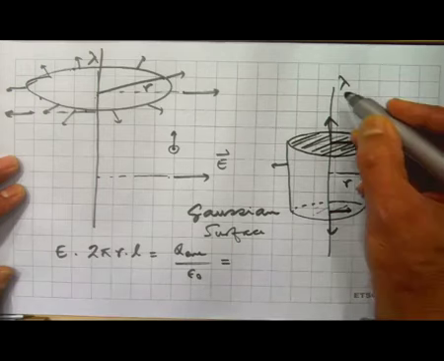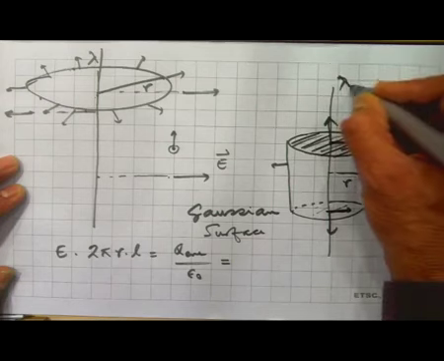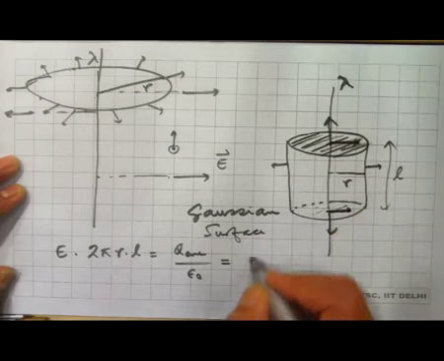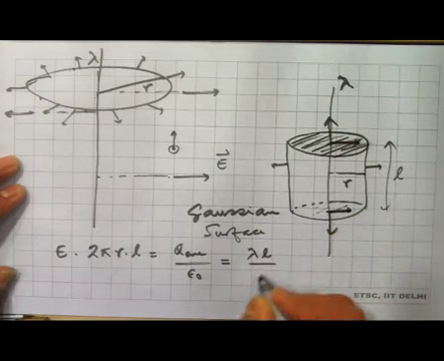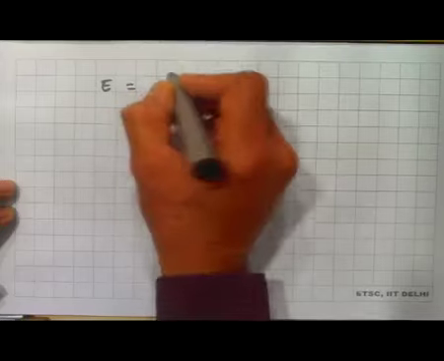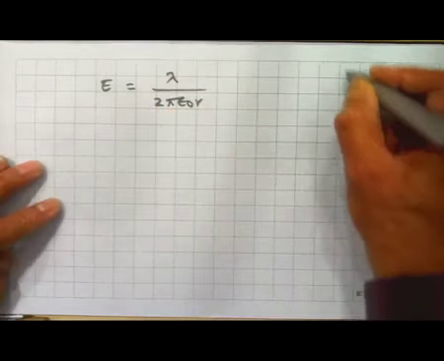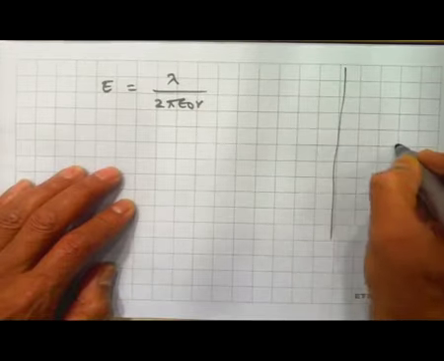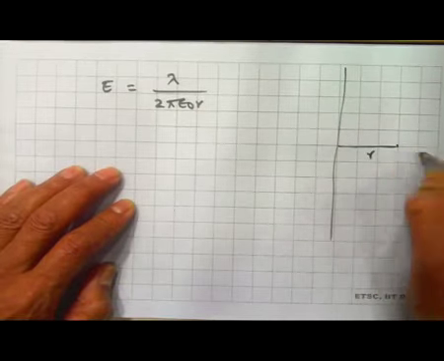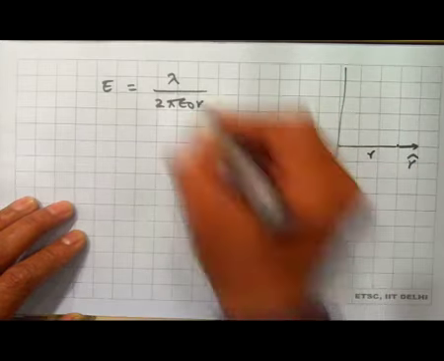Charge per unit length is lambda, and this is the length L of the wire. So, the charge enclosed is lambda times L, divided by epsilon 0. That gives me immediately an expression for the electric field: E is equal to lambda by 2 pi epsilon 0 r. This is the distance r, and the vector is along this direction.